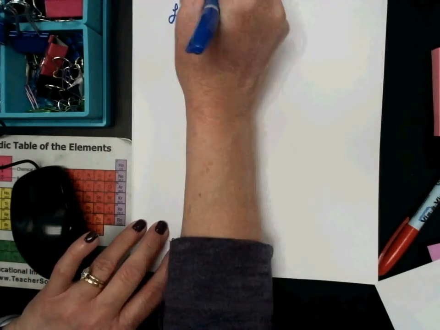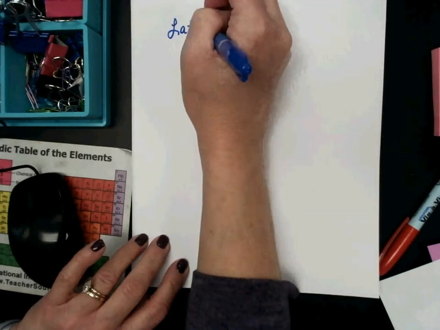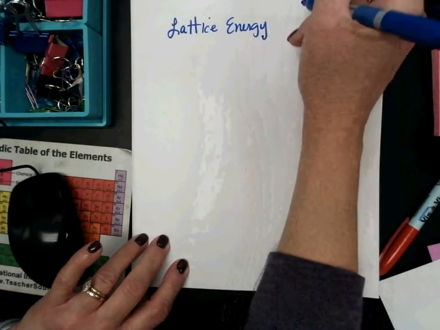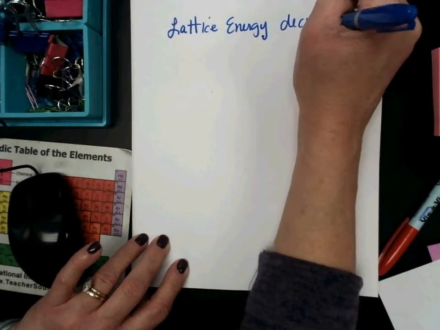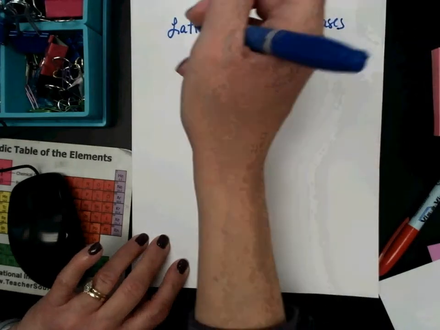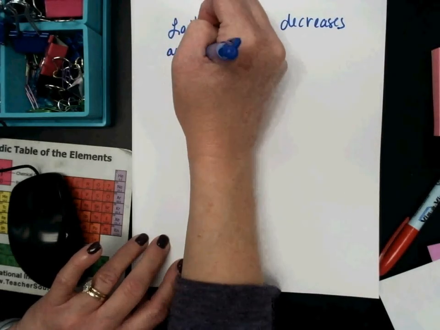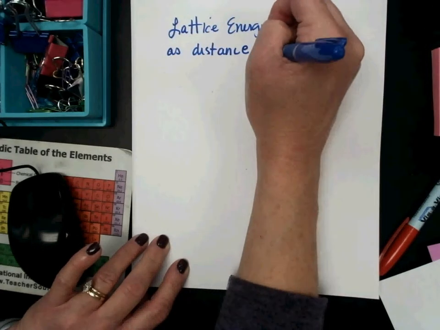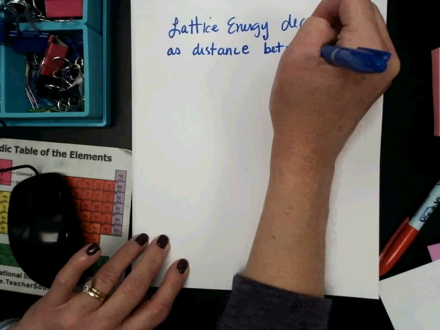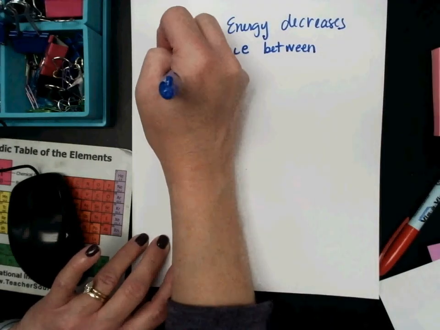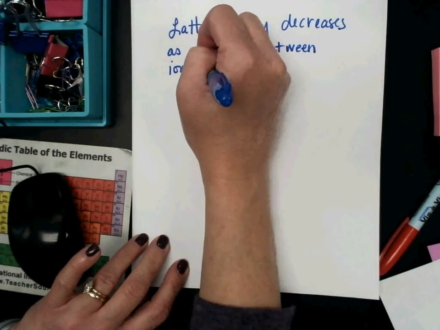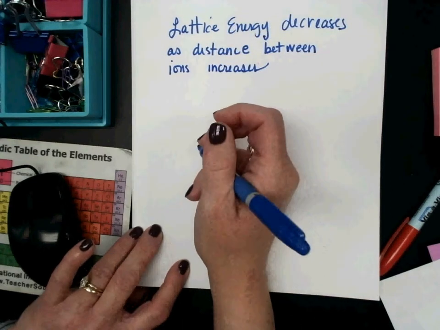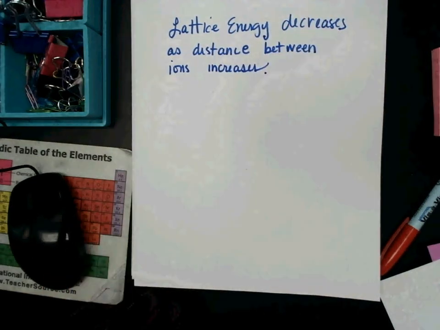So basically I can sum that up and say lattice energy decreases as distance between ions increases.